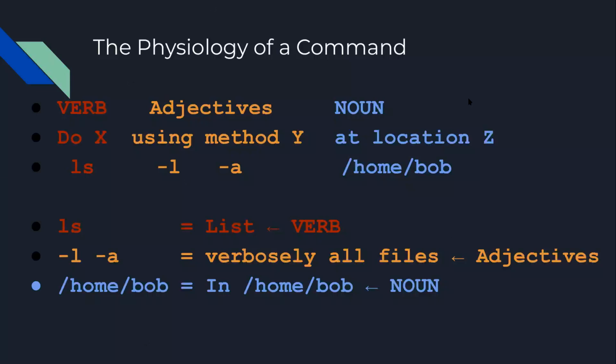Pretty much all the commands that you're going to run will have this sort of setup. And like I said, are there any questions before I go on to more commands?